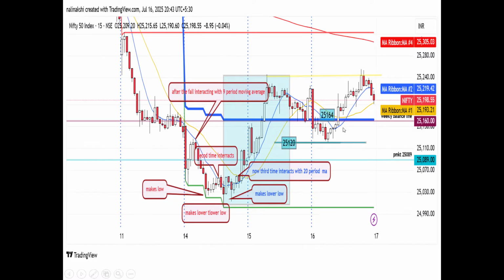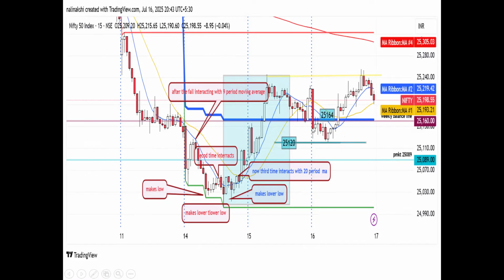Even on Tuesday, today, the market came down and interacted with this flip level. This is the flip level, that is 25,120. So it interacted exactly over here, and again the same process.